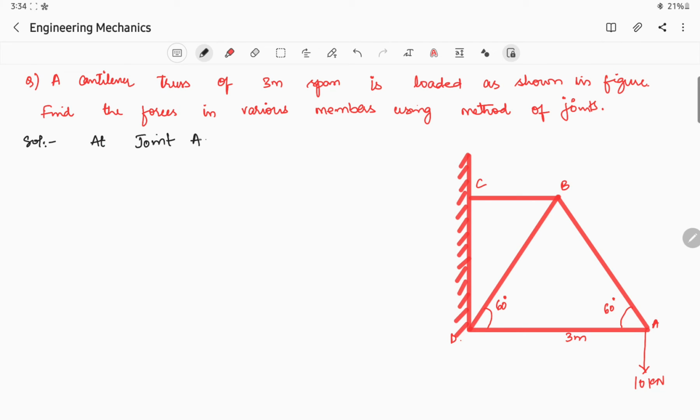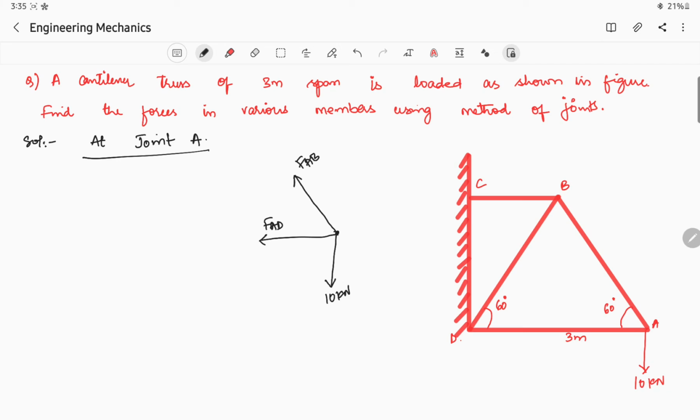At joint A, suppose for example this is joint A. One force is going in downward direction, that is 10 kilonewton, and this inclined force is nothing but force in member AB. Then we have one more horizontal force, that is force in member AD.